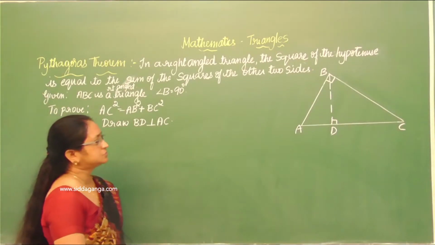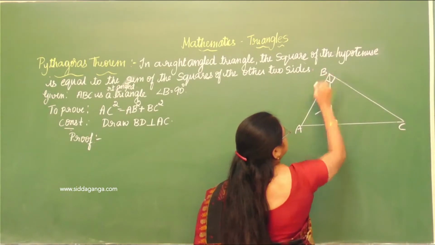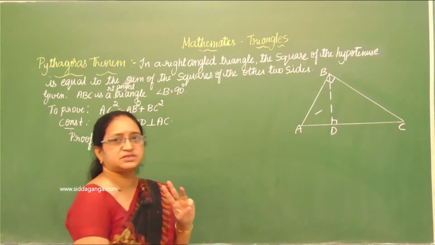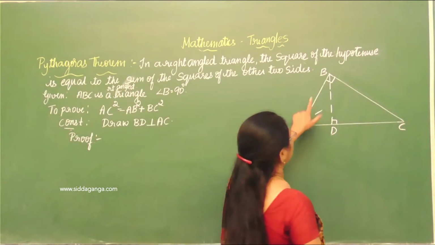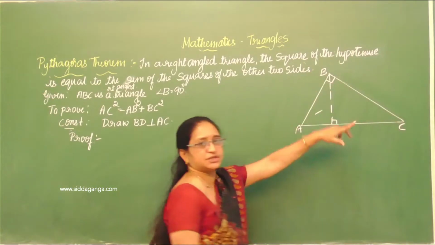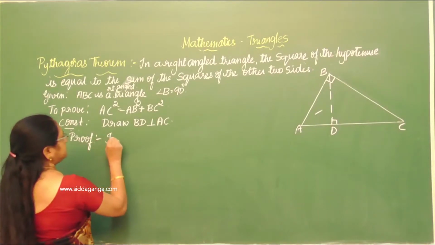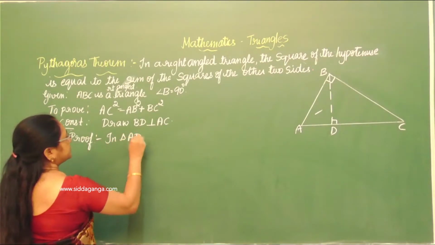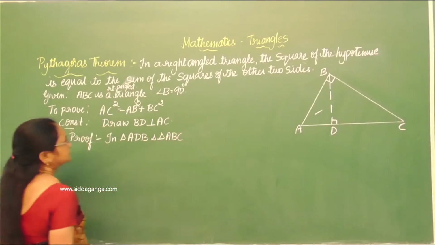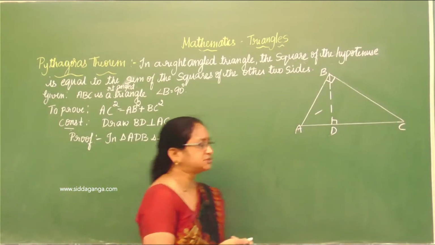See what I'll try to do now. I'll prove that triangle ADB is similar to triangle ABC. So you can see three triangles there. First I am going to take ADB and ABC, that is the bigger triangle. Okay. So let us see in triangle ADB and triangle ABC, which are the equal angles in these two.